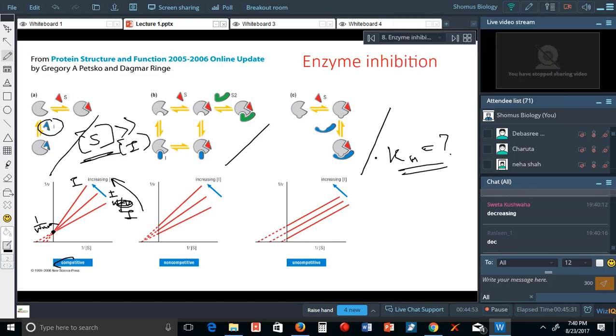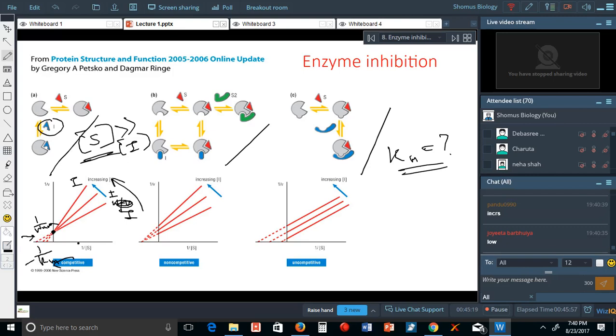Whether Km is increasing or decreasing, what do you think? Because you know this is minus 1 by Km, and what we are seeing is that as we increase the inhibitor concentration, this graph is going towards 0.